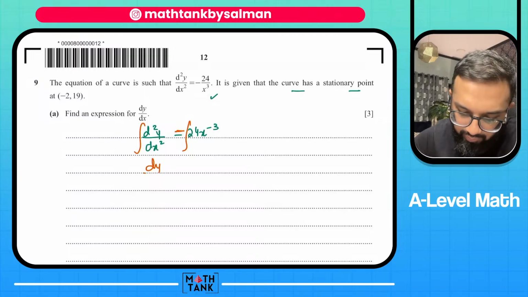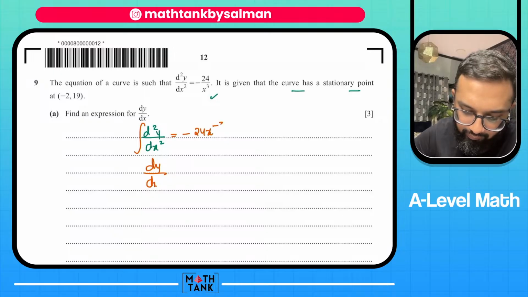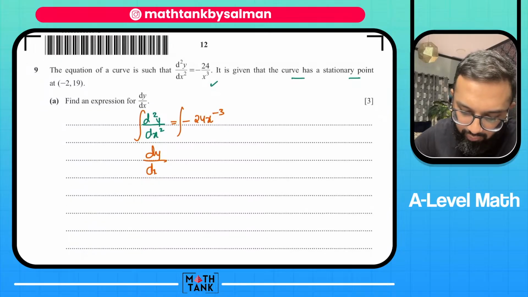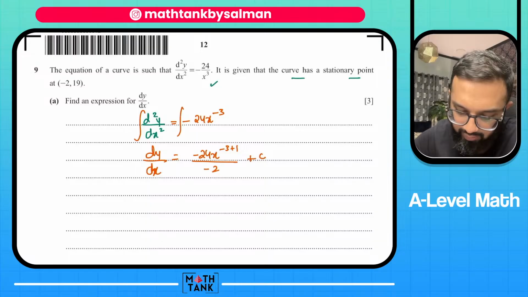This becomes dy by dx. That was minus 24. So how do you integrate? You increase the power, you divide by the new power, plus c.